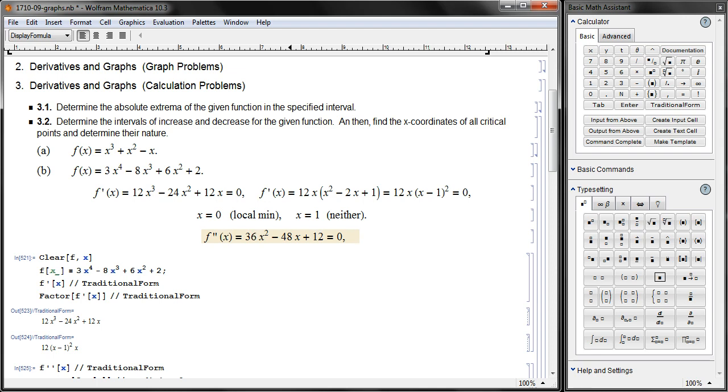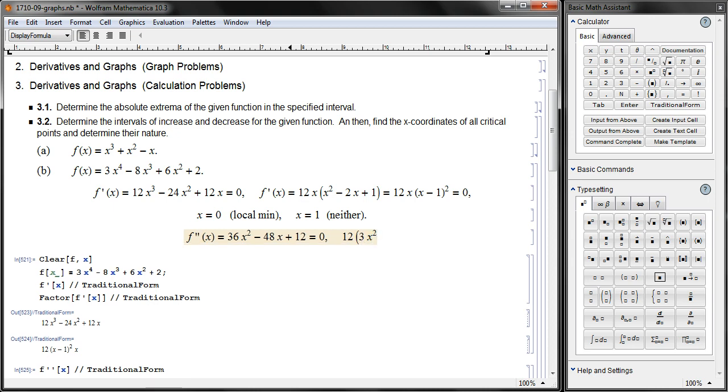You get 12 out, 3x squared minus 4x plus 1 equal to 0. So this one is 12, 3x minus 1, and x minus 1. Let's see, is that right? 3, okay. Negative 1, okay. Negative 1, negative 3, that's alright.